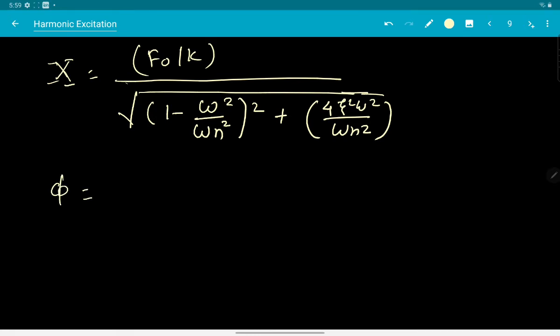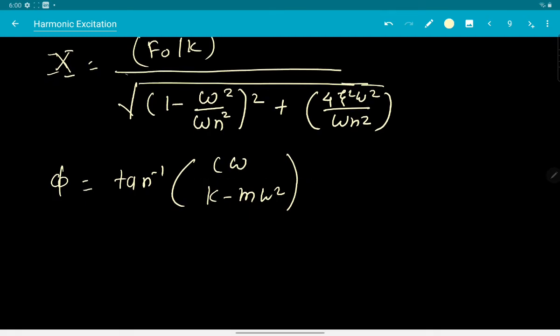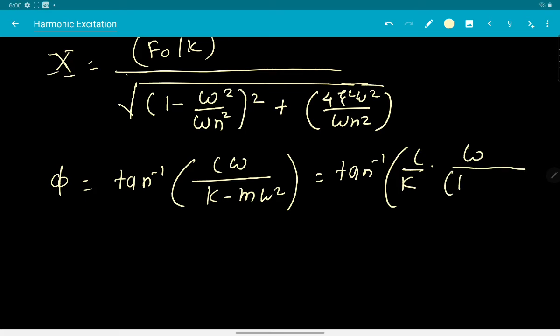Similarly, we can write down the expression of phi in terms of omega n and xi. So the expression of phi is tan inverse of c omega divided by k minus m omega square. I'll take k common from this and write it as c by k into omega over 1 minus m omega square by k.